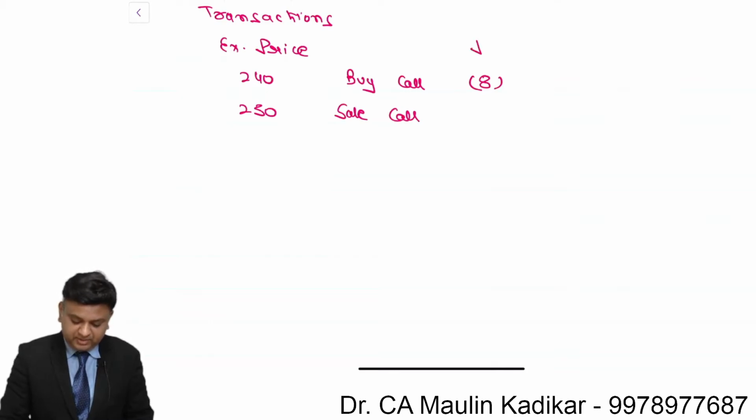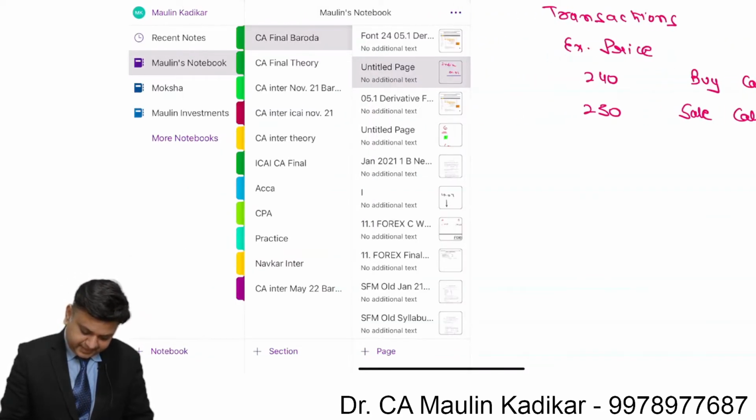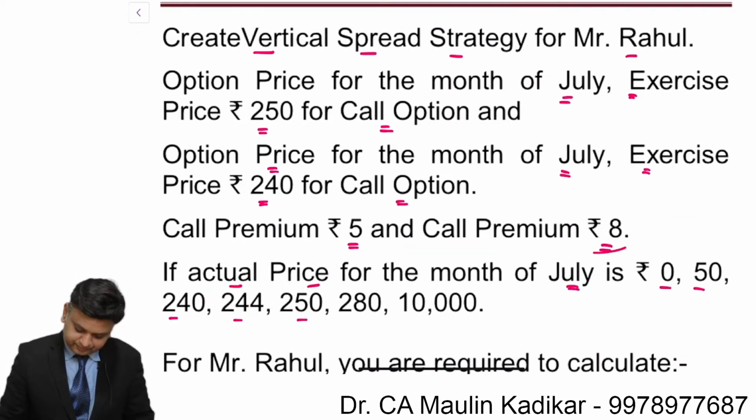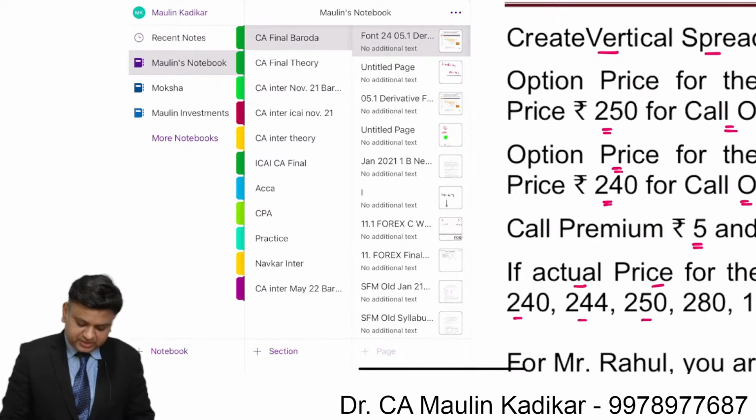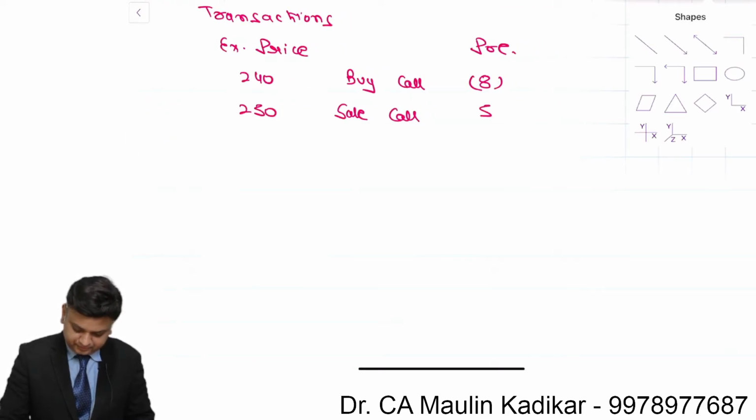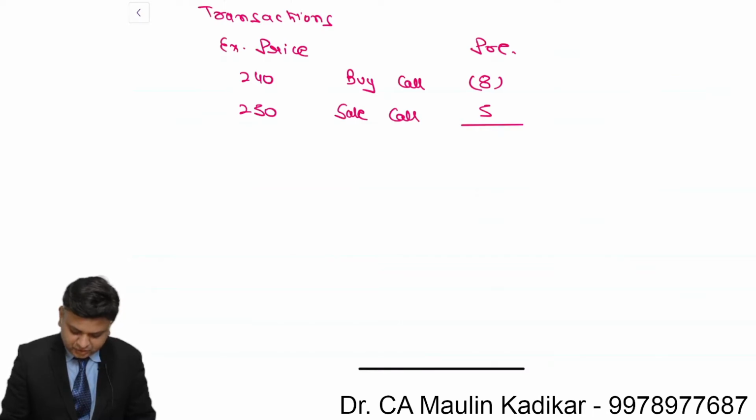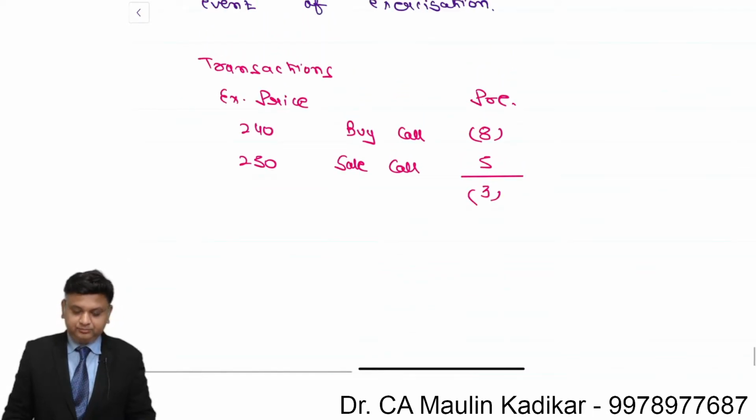So the amount of the premium paid is rupees 8 and you have received rupees 5. Higher is the premium for lower exercise price. So the net amount is initial 3.